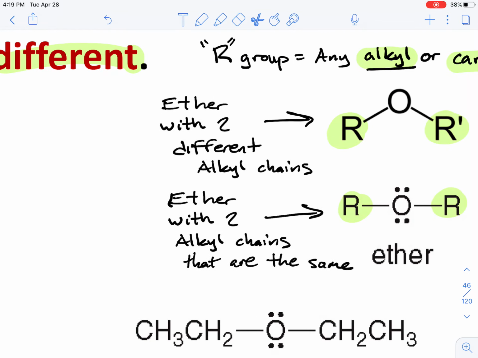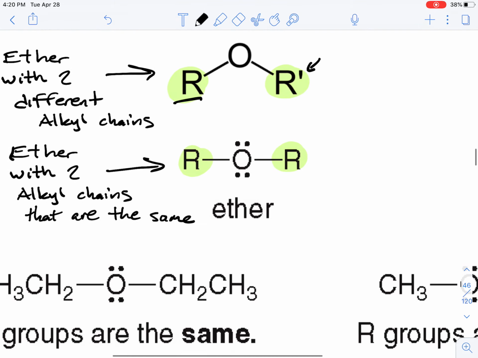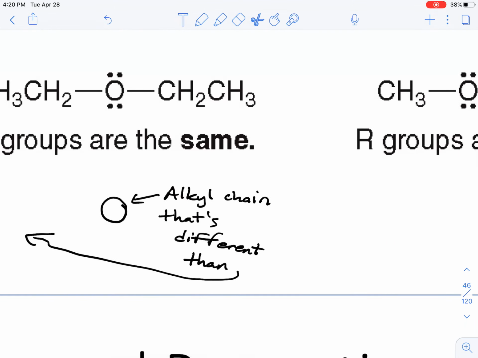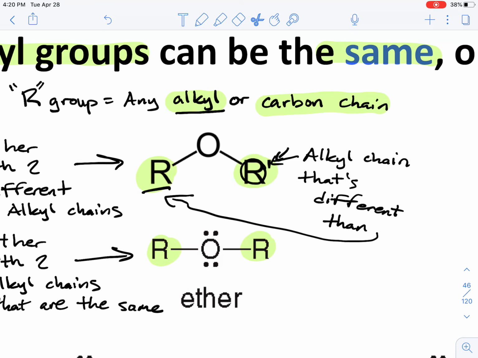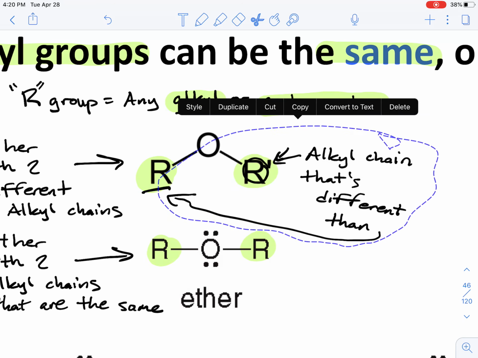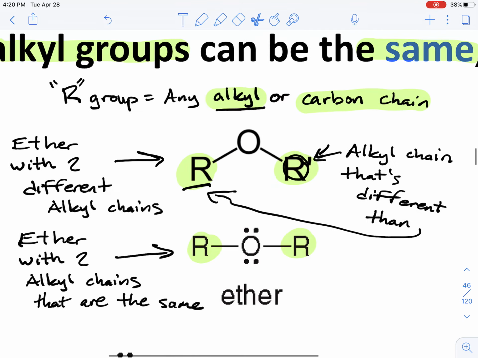This R prime is going to represent a different alkyl group than the one that's on the left. So this alkyl chain is going to be different than the one that's on the left with respect to oxygen.